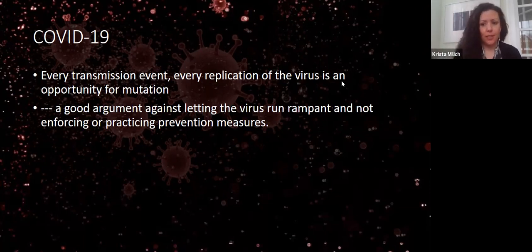Let's not even try and stop what's about to happen. And in the United States, we've had a fuzzy version of that practice in some places. But if we are concerned about mutations, then this is actually not a good way to deal with COVID-19.